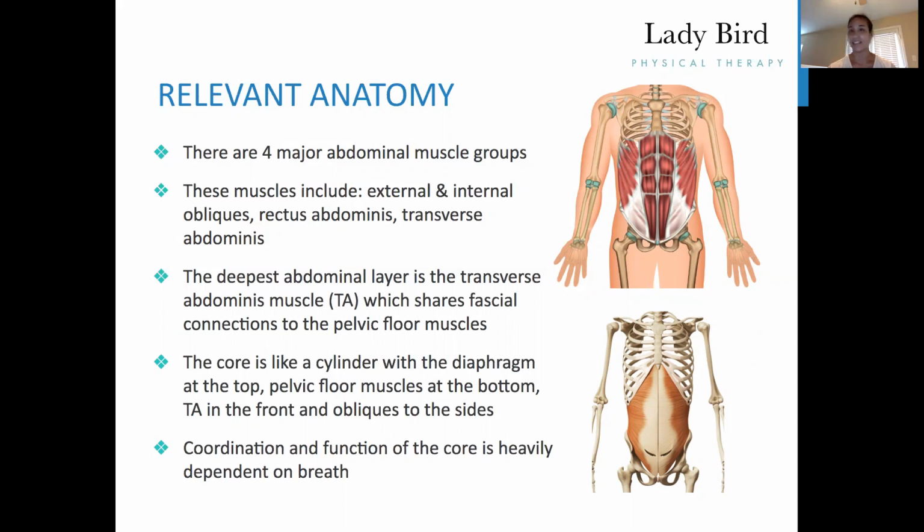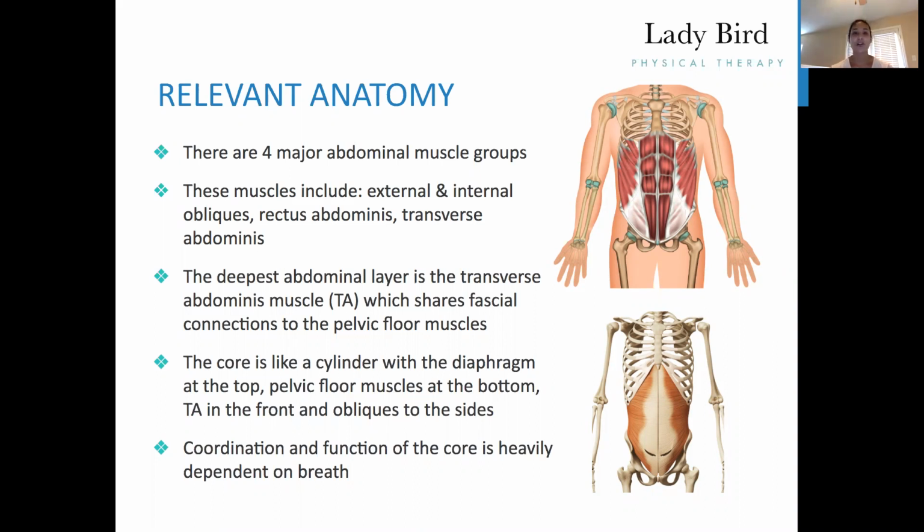Diastasis in Latin means separation. So all it's saying is it's a separation of that specific muscle. The deepest abdominal layer is called the transverse abdominis. We also call it the TA. And that muscle shares fascial connections to the pelvic floor. So that's important because those two muscles really are integral to pelvic floor rehab because they work together.